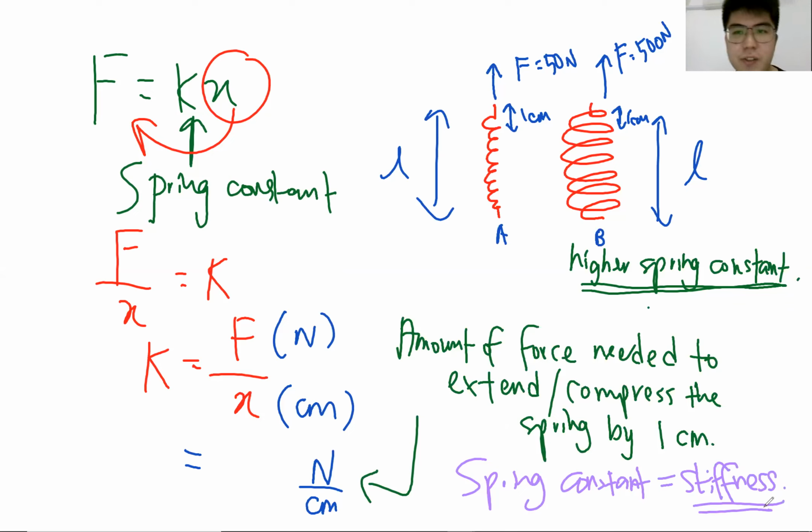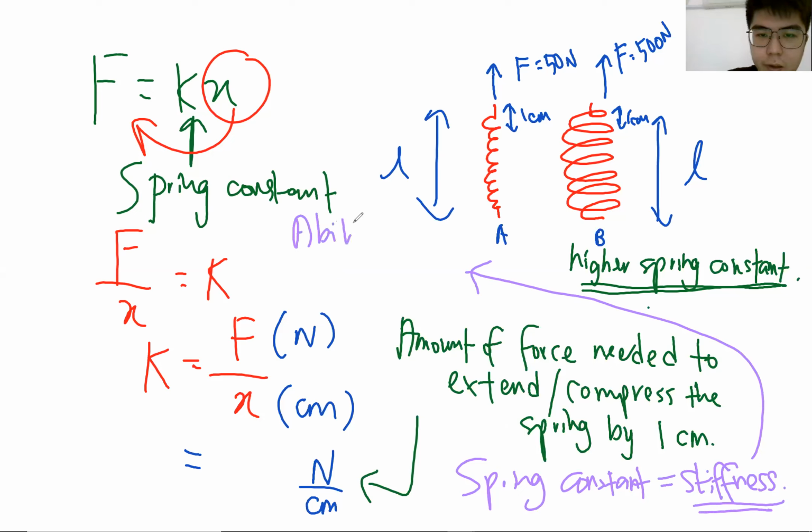You have toughness, you have stiffness, all these things. Stiffness means the ability to resist change. Put an arrow here: ability to resist change. What does it mean, the ability to resist change?